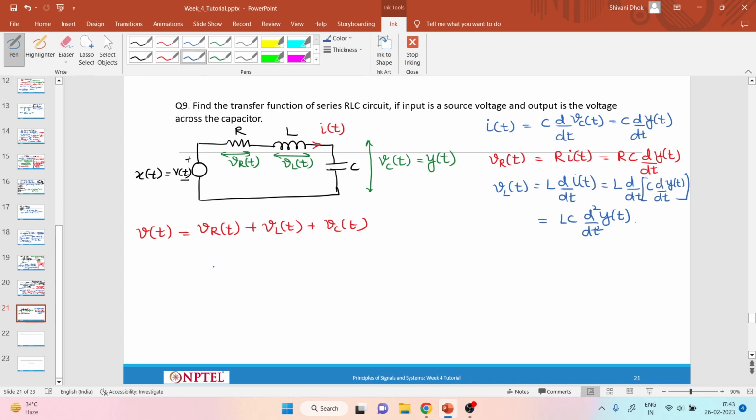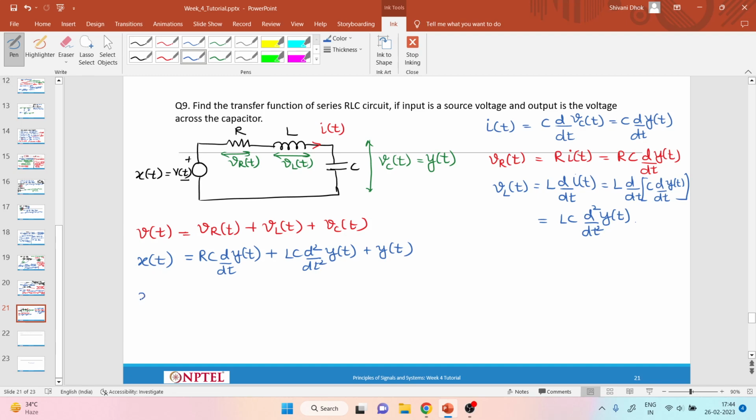This is equal to VR of t, which we obtained as RC d/dt of y of t, plus VL of t, which we obtained as LC d²/dt² y of t, and this Vc is equal to y of t, and this V of t is simply our input, that is x of t.